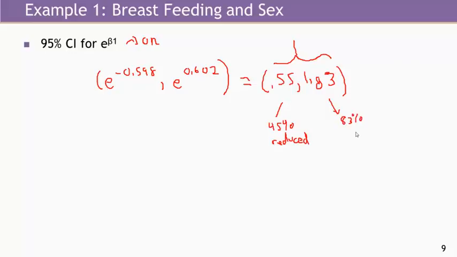So there's no clear consensus here as to what the nature of the association is, and we cannot rule out the null of no association. So these results indicate that we did not find a statistically significant association between breastfeeding and sex in this population.